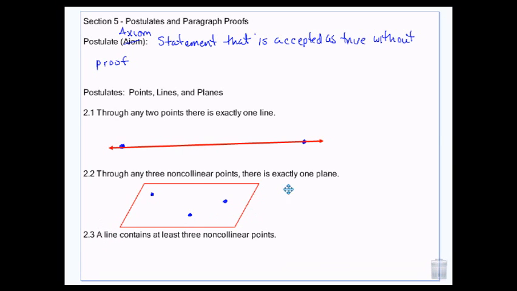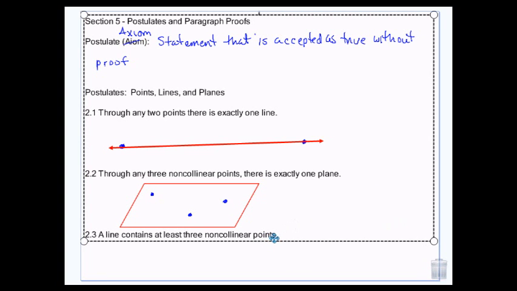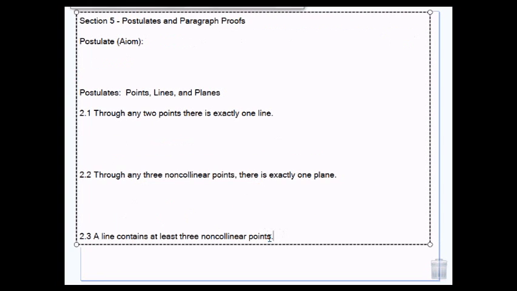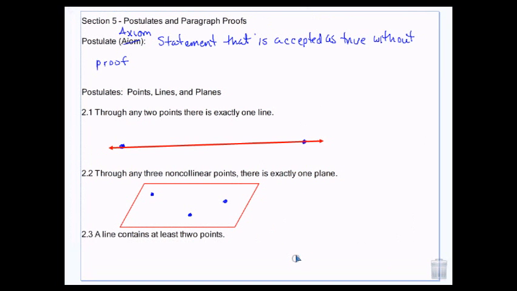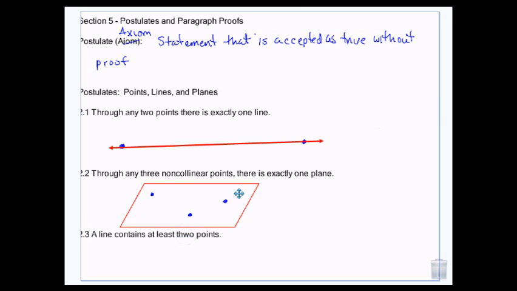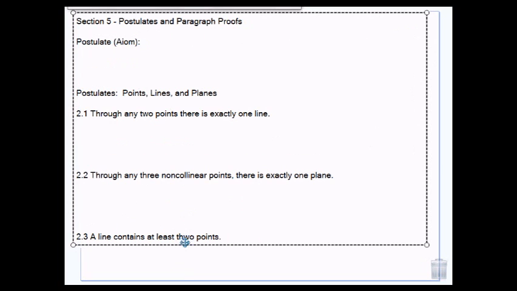The line is okay, it's the plane. This part's wrong. There we go. A line contains at least, no, it's not fixed. Come on. 2, not three.